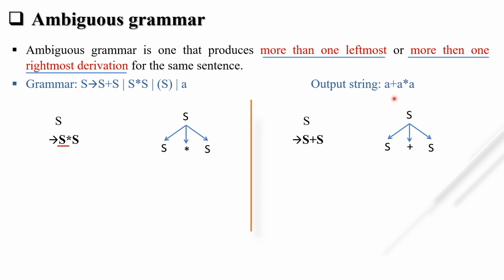Because if we write a, then and only then with this S we can expand that S with S * S. Now from these three non-terminals, according to leftmost derivation, we first derive this S, and in this example we derive this S because there is only one non-terminal here.